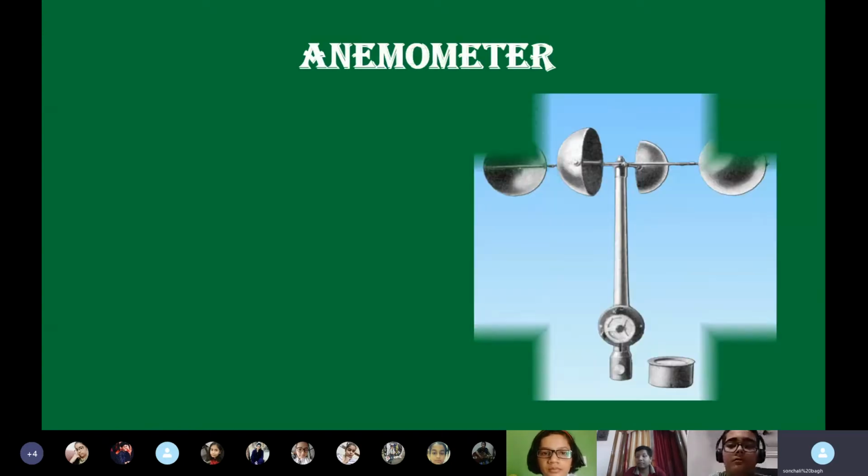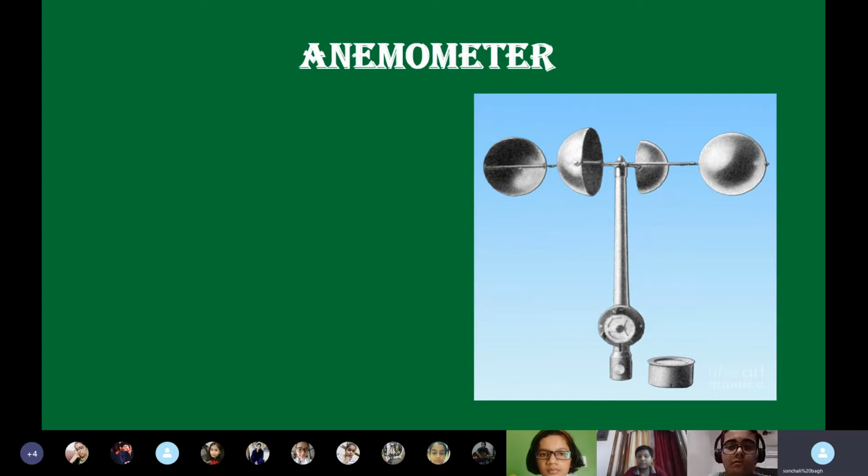Another type is the anemometer. Can you see the figure? Can anyone give me an idea what an anemometer does? Ma'am, it measures the wind speed. And anything else it does? See the figure, the figure is giving you the answer.